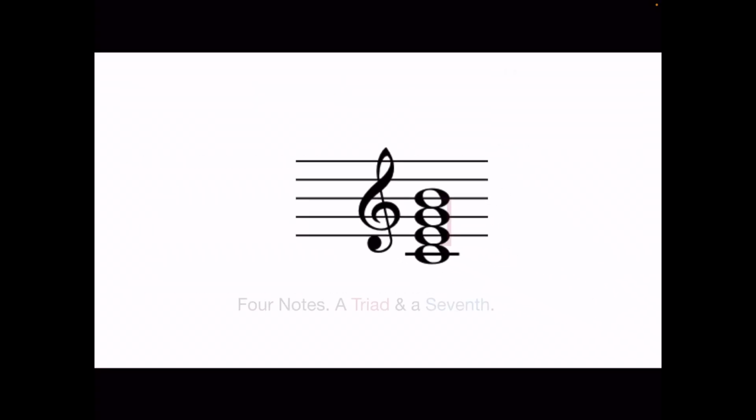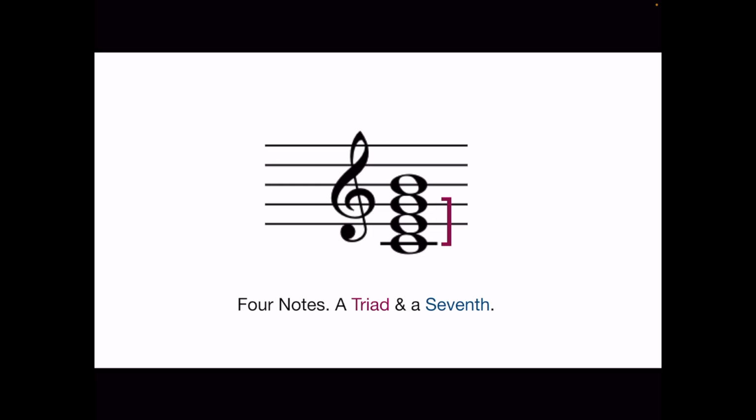All right, so first let's look at how a seventh chord's structure looks like. So a seventh chord has four notes instead of three in a triad, and it's still going to be perfectly stacked pancakes, and we're still dealing with what's called root position chords.